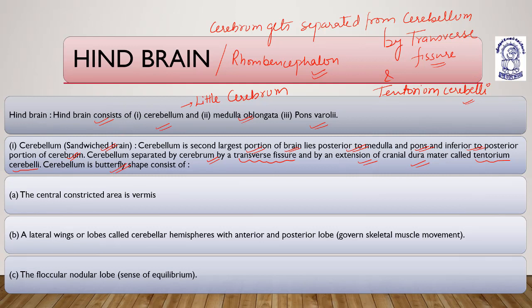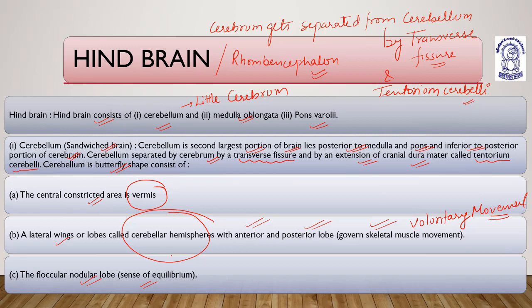Cerebellum is butterfly shaped. It consists of the central constricted area known as vermis, and lateral wings or lobes called cerebellar hemispheres with anterior and posterior lobes, which govern skeletal muscle movement or voluntary movements.